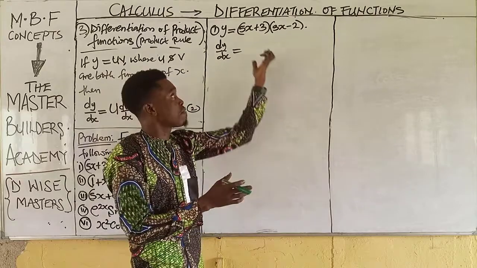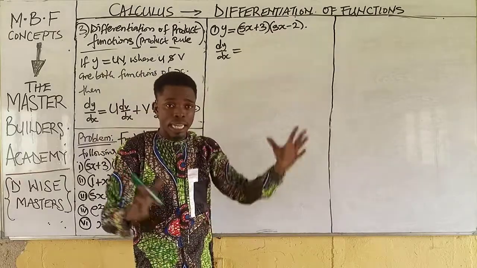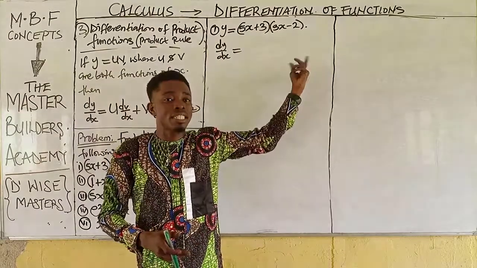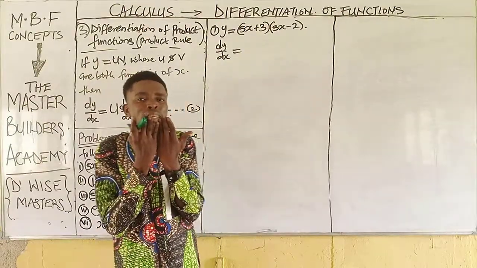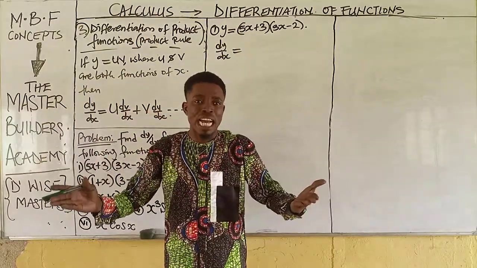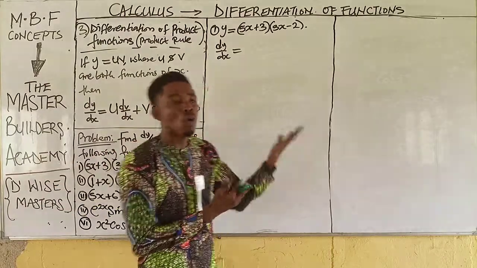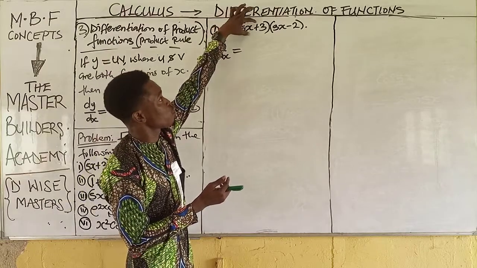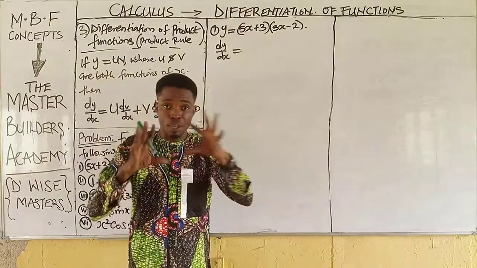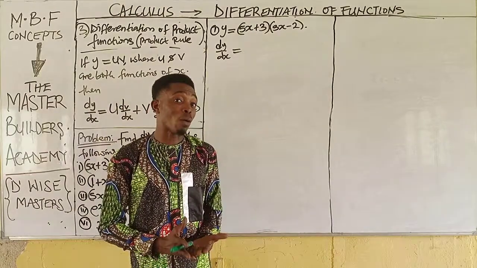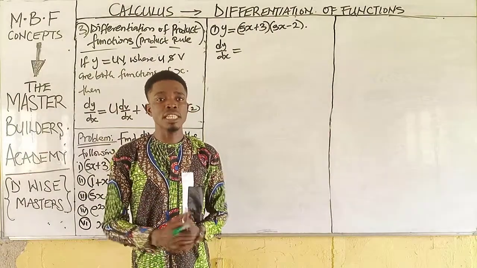The relationship between the first bracket and the second bracket is multiplication, which is equally product. That's why we term this product rule. And it is your own duty to identify the relationship between the functions that you are given. Since the relationship between the first bracket and the second bracket is multiplication, we are dealing with product rule. This is when product rule comes in.